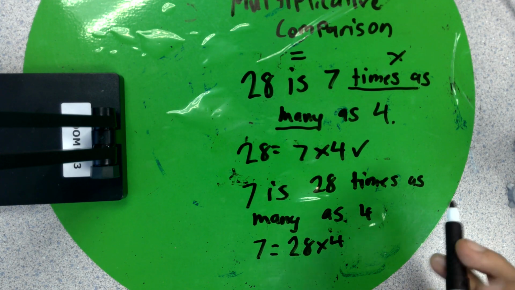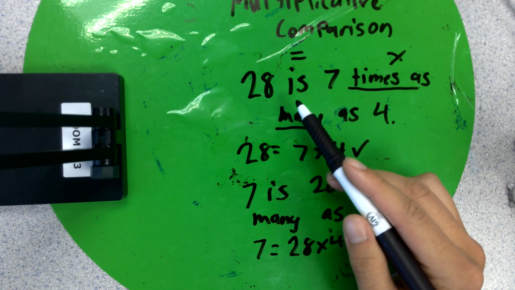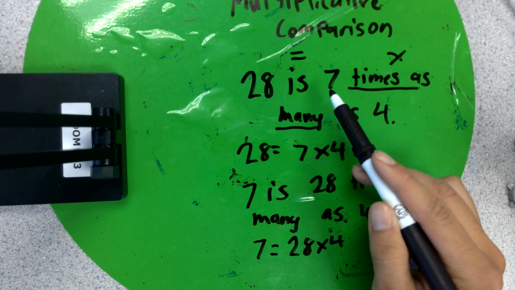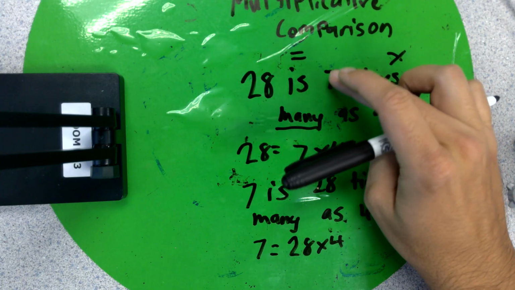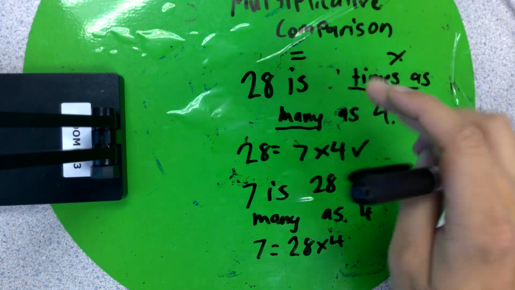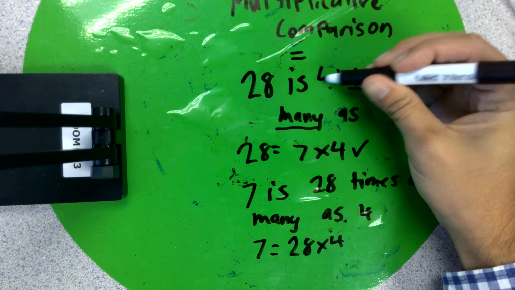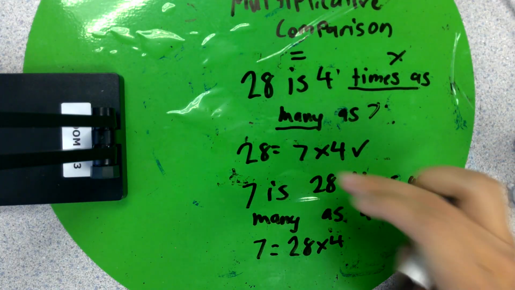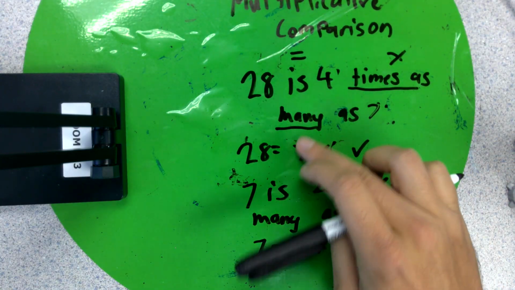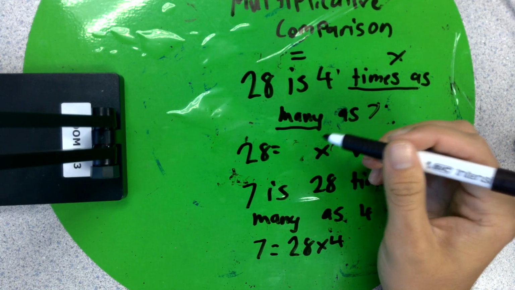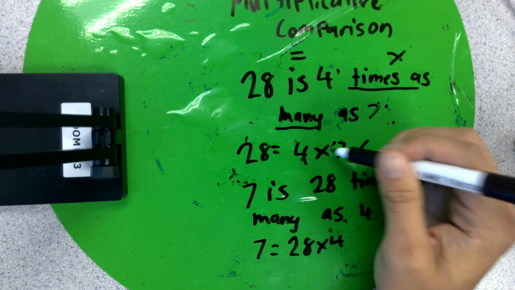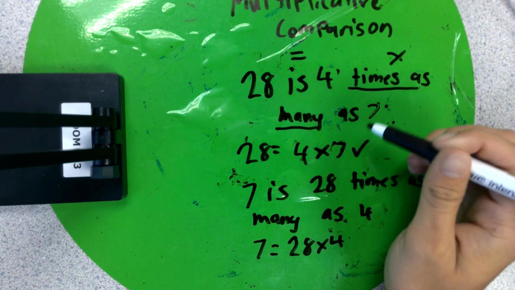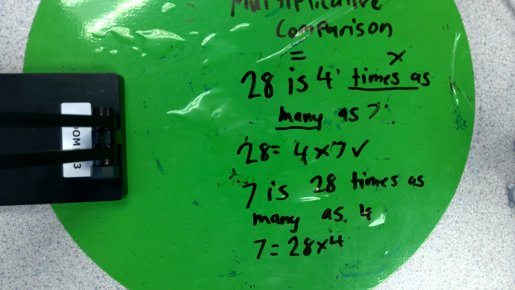However, someone might ask, can we write it a different way? Can we switch any of these? Of course. One way we can write it is we can say 28 is 4 times as many as 7, because that is still true, because all we're doing is just switching our factors around. So from 7 and 4, we go 4 to 7, and we know that still works, because if we skip count or regroup, that is correct.